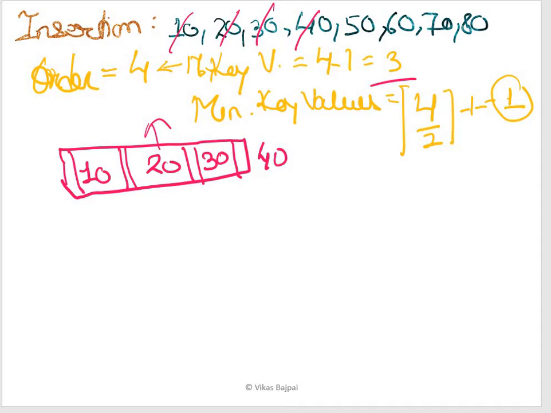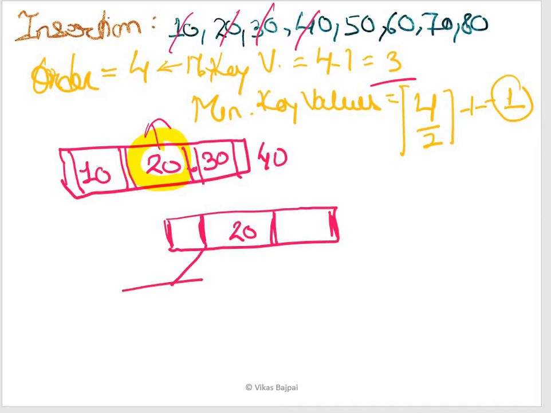I am taking this 20 because this is the middle value. I'm taking this value up. I'm not giving any space to these block pointers. Whenever I'm increasing a line, let's assume that there is a block pointer here, and once again it is the same BST kind of concept.